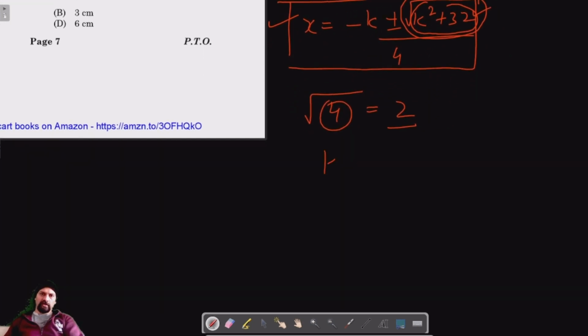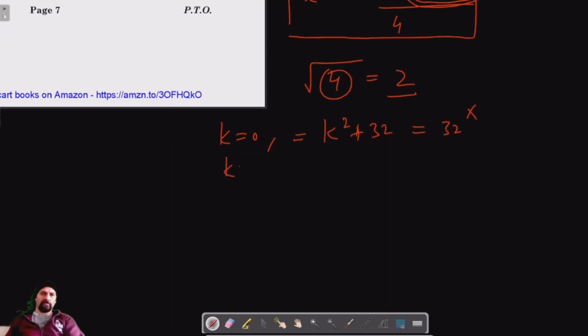Okay, now we are more concentrated on k squared plus 32, so it should be a perfect square. If I put k is equal to 0, this gives me the value 32, which is not a perfect square. Now if I put k is equal to 1, that is 1 square plus 32 is equal to 33, which is also not a perfect square.